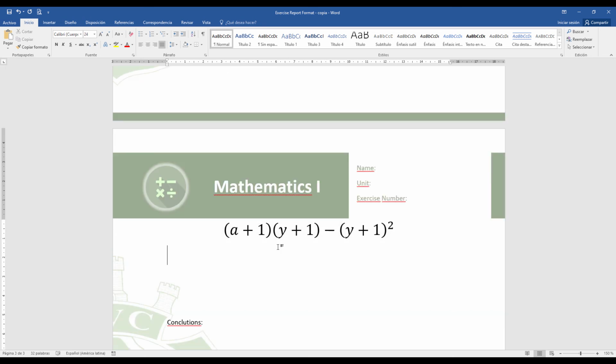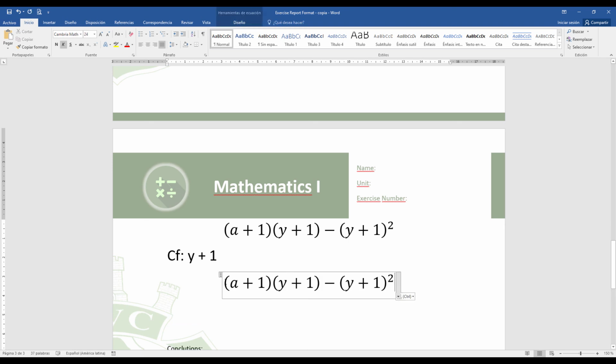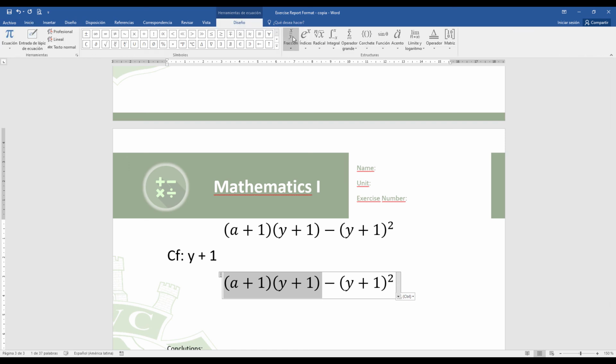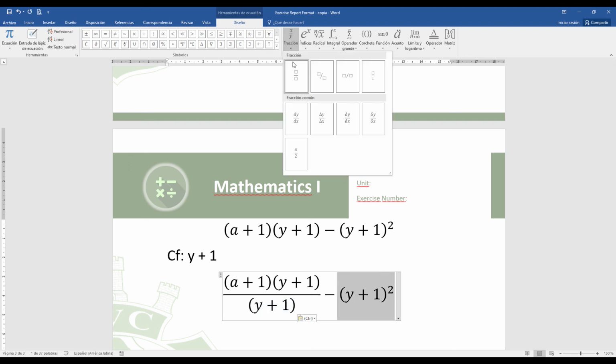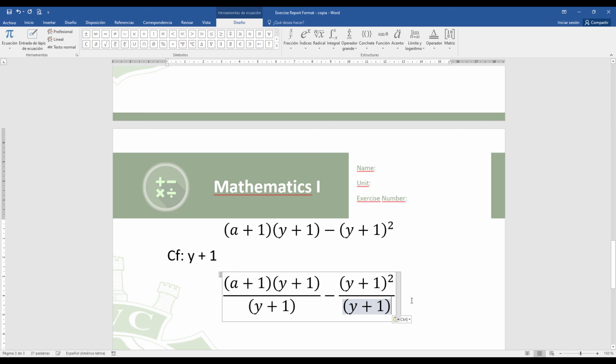Yeah, so here, what is the common factor? y plus 1. Yep. So here you need to divide that by y plus 1 and y plus 1.